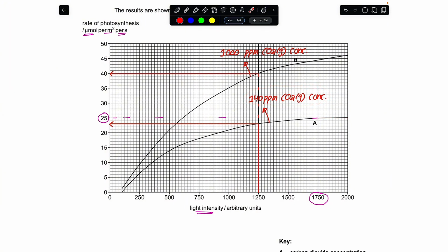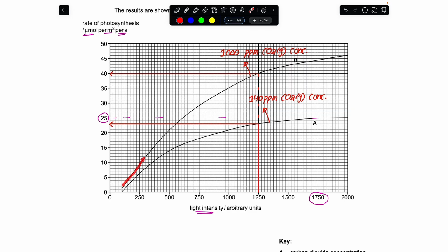But what I see is that for B, as the light intensity is increasing, so does the rate of photosynthesis. And the graph is not leveling off at any of the given values of the light intensity. What you have to notice at this point is that the light intensity is on my x-axis and this is the independent variable. And the independent variable would always remain limiting before the plateau is reached.